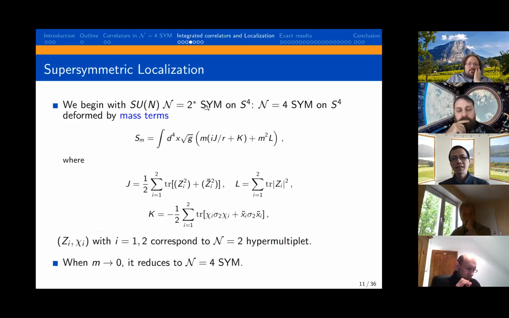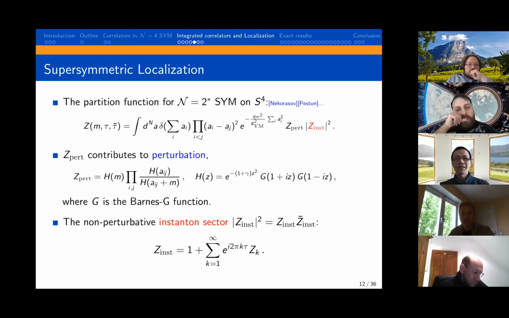This theory, N=2*, is basically N=4 super Yang-Mills deformed by some mass. It's given here, but let me not bother with so many details. The only point, which is the obvious point, is that when you take the mass to 0, it goes back to N=4 super Yang-Mills. So keep that in mind.